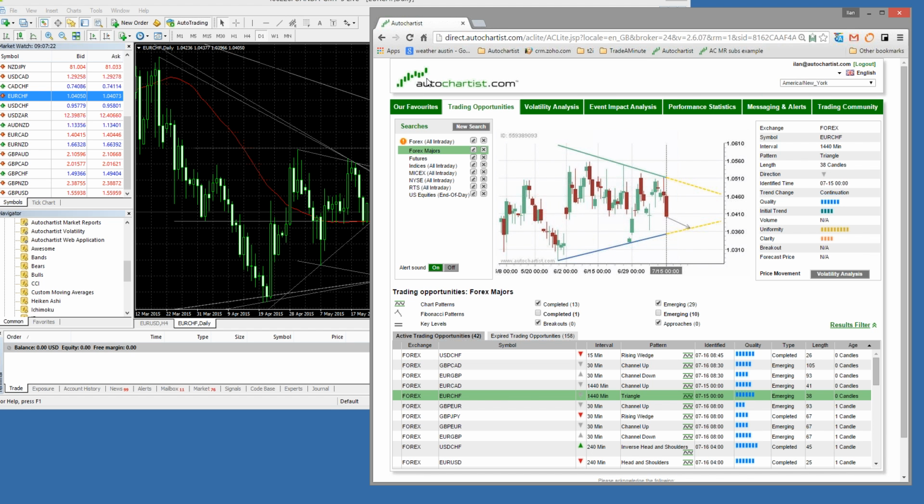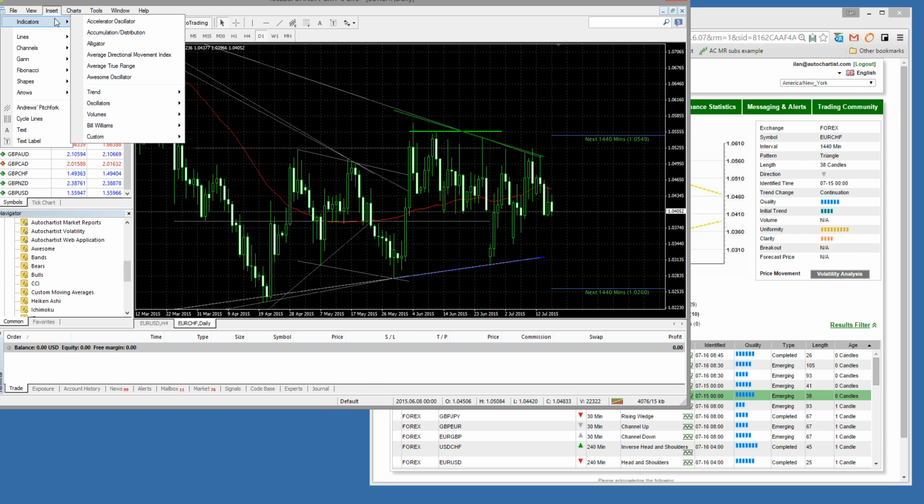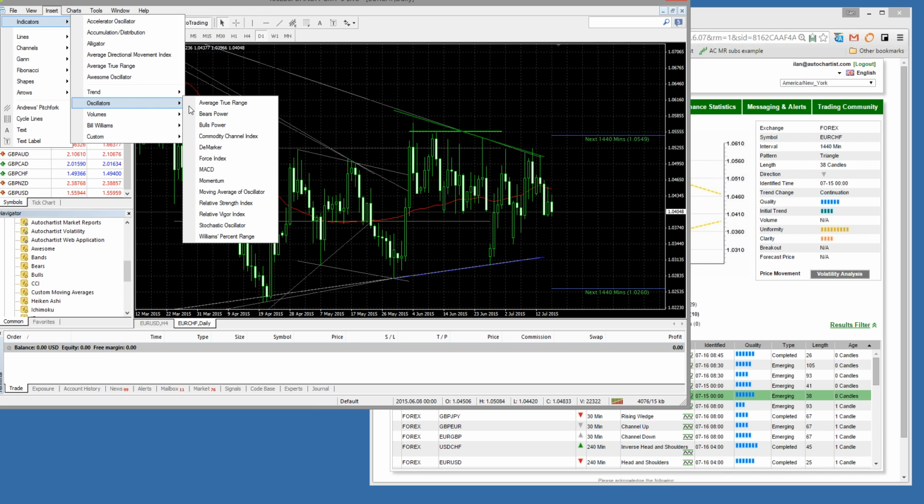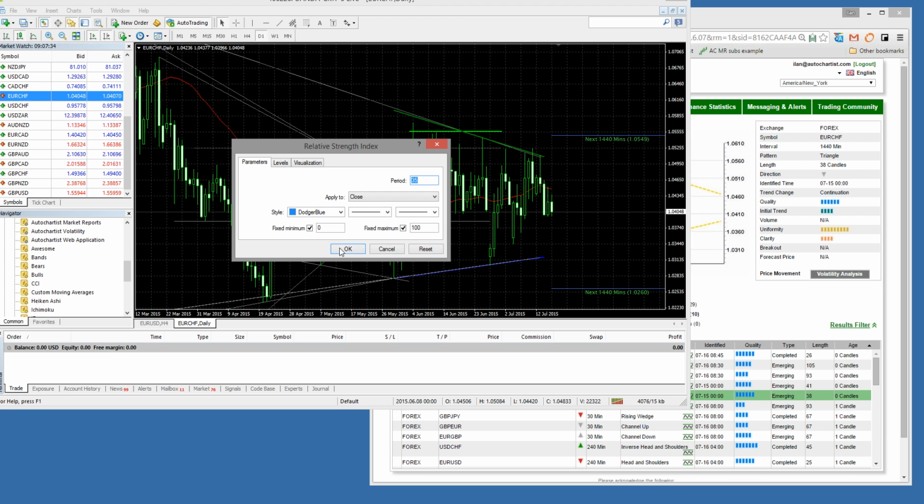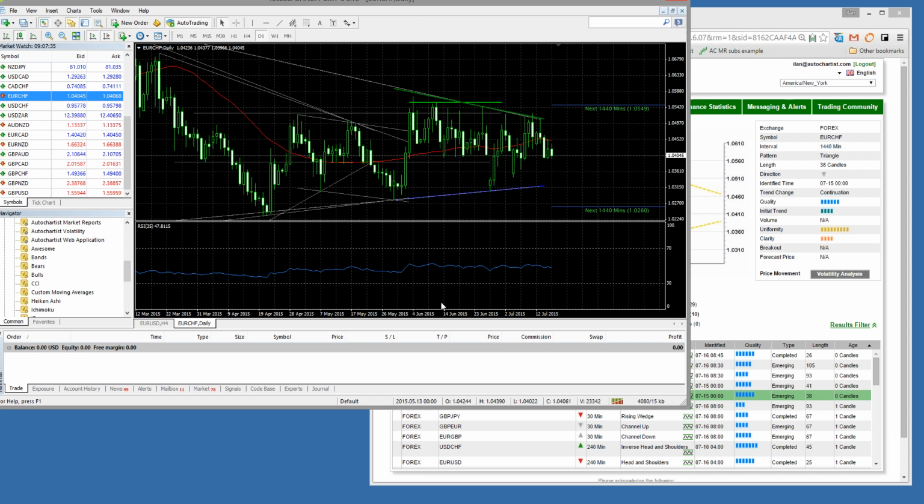So what we can do is use maybe a different type of indicator, right? So for example, what we can use is a relative strength index. Now a relative strength index might help us to understand if the price has moved up a lot or down a lot, and it's time for it to move, because that's what an oscillator does, right?